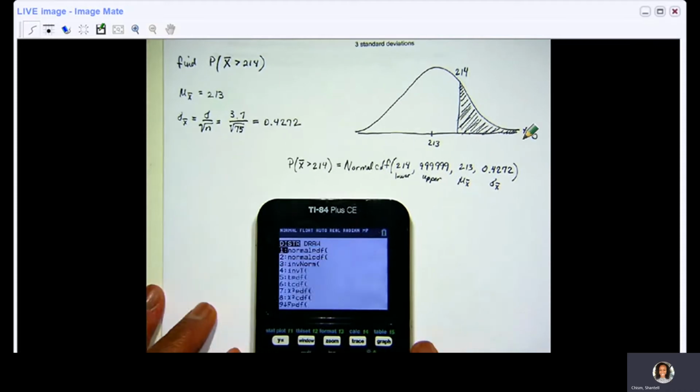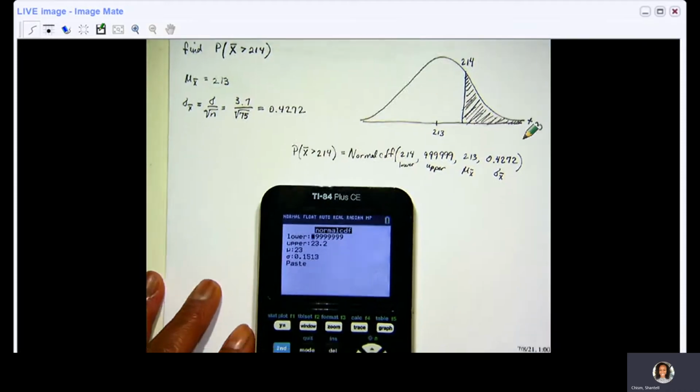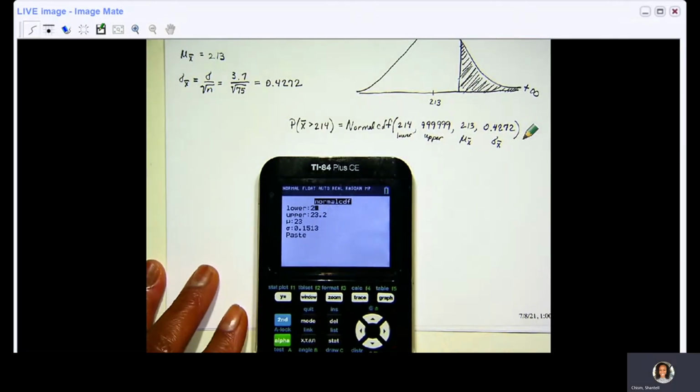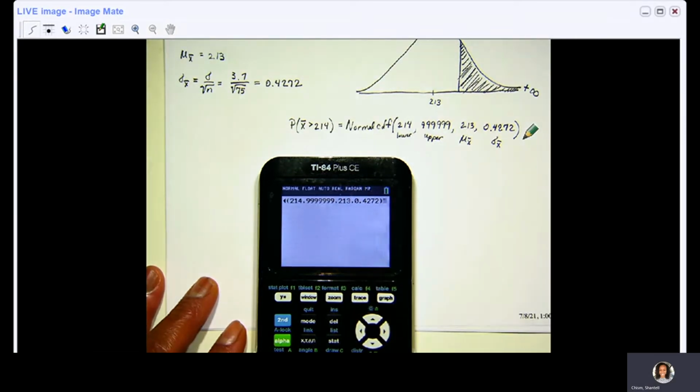So I've got second bars, normal CDF, 214, 99999, 213, and then 0.4272. And I hit paste. And it put the bounds and the mean and the deviation on my home screen.